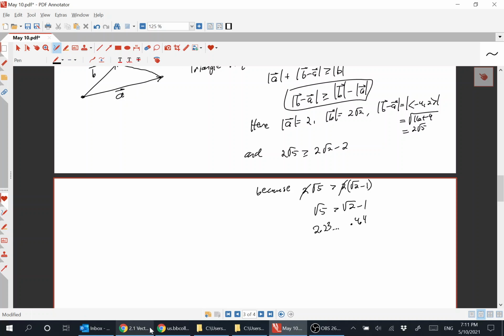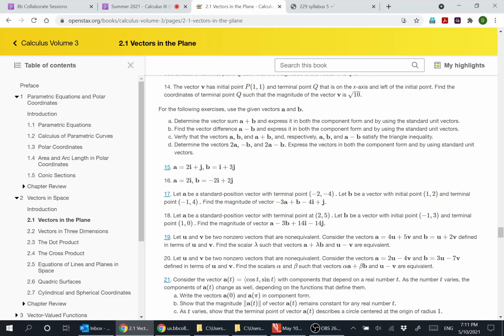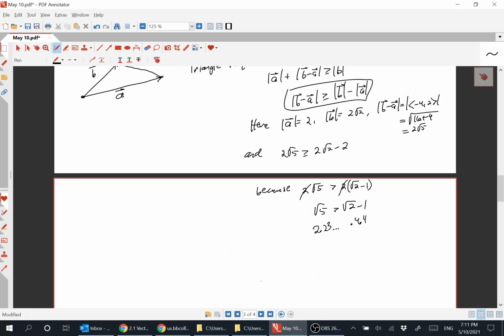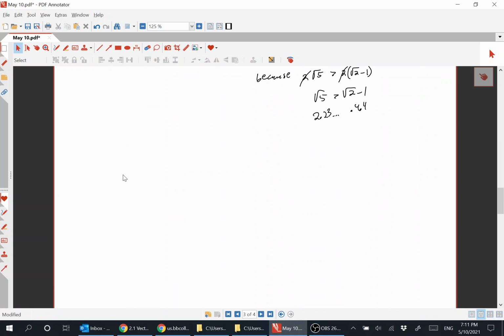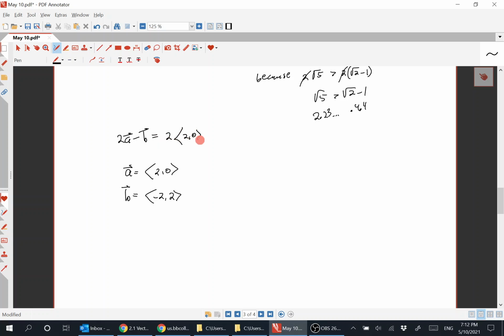There was one more bit with 16. 2A minus B. All right, so what was A? So the last bit of number 16, 2A minus B. So that's 2 times 2, 0, minus 2, 2.